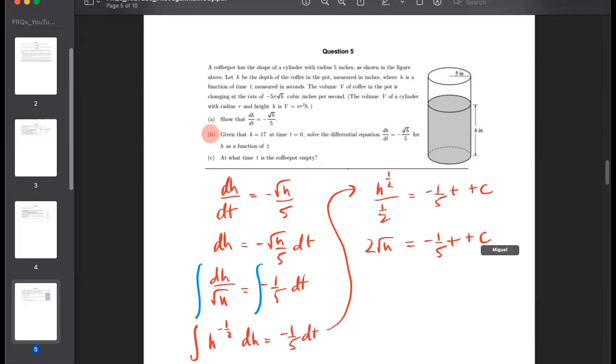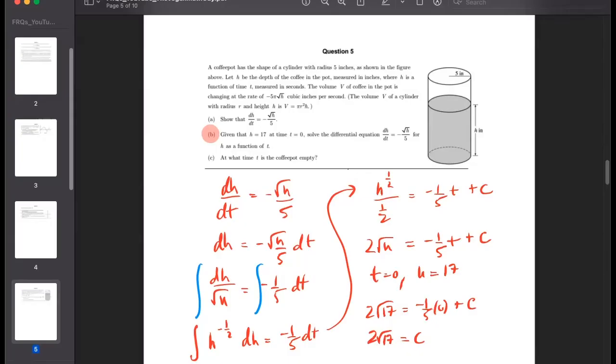This is where I use the initial condition that when t is equal to 0, h is equal to 17. So I get 2 root 17 equals negative 1/5 times 0 plus c. So right now I know that my c value is 2 root 17.